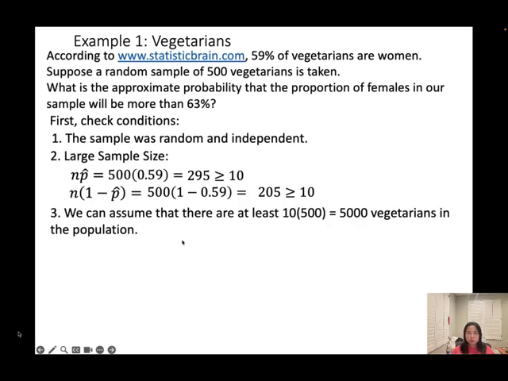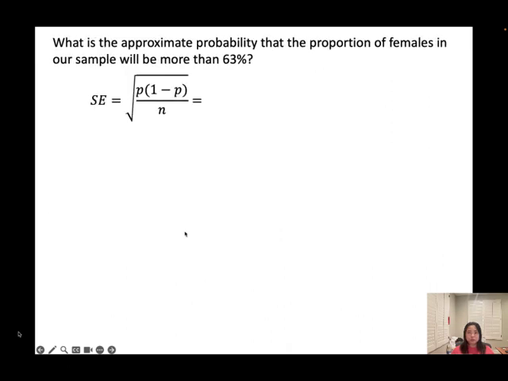We can consider the central limit theorem. So the mean will be equal to the sample proportion, 0.59. Now we want to find the standard deviation. Plug it in and see what you get.